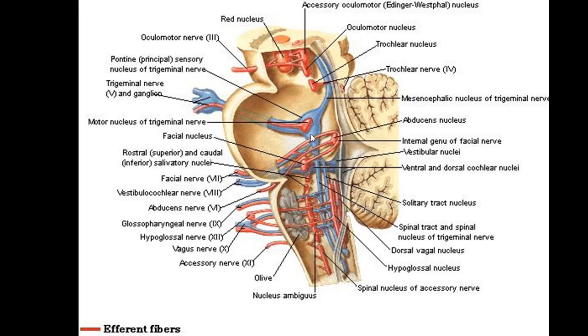This is the large superior sensory nucleus, and this is the mesencephalic nucleus. The two nuclei join, and the sensory root and the motor root emerge separately from the ventral aspect of the pons. As you can see the motor root, here you can see the sensory root.